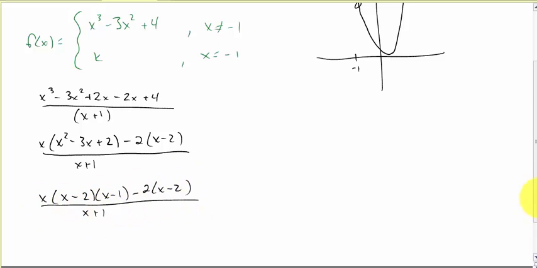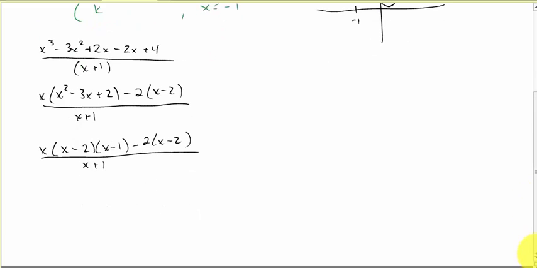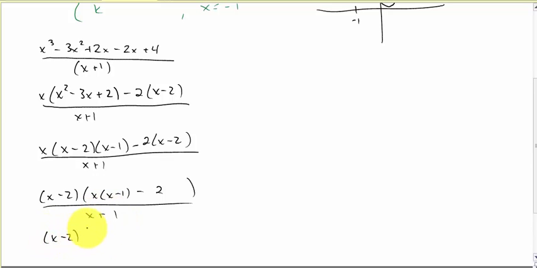And you might be looking at this going, well, that's not helping a whole lot. Well, both of these terms now have x minus 2 as a factor. In the leftovers, we have x times x minus 1 minus 2. Bear with me. Distribute.